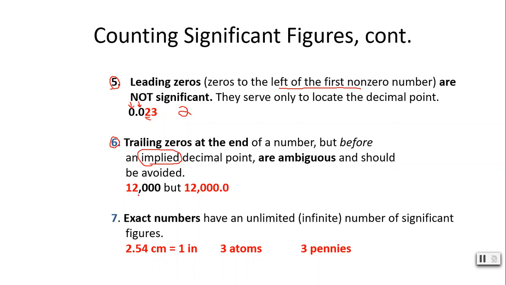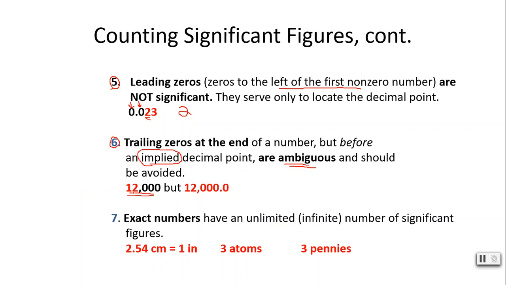Well, what if I have a number like, for example, 12,000, this first number here, and I have no decimal point there? Well, there's an implied decimal point, but there's no actual decimal point. Zeros that are before an implied decimal point are ambiguous. You should read that to mean not significant.